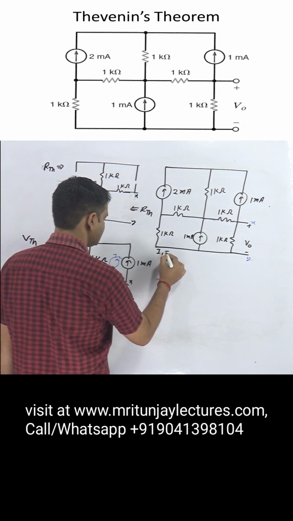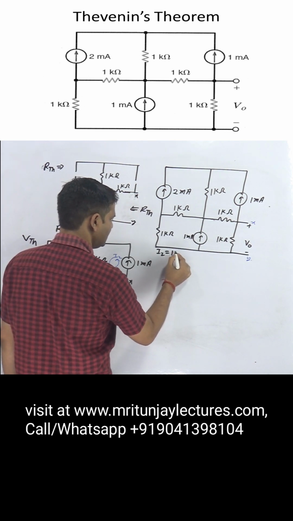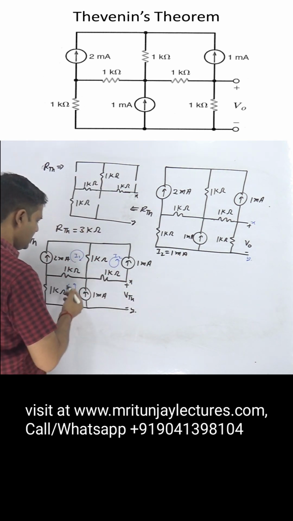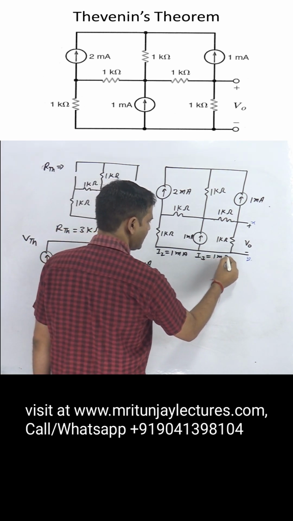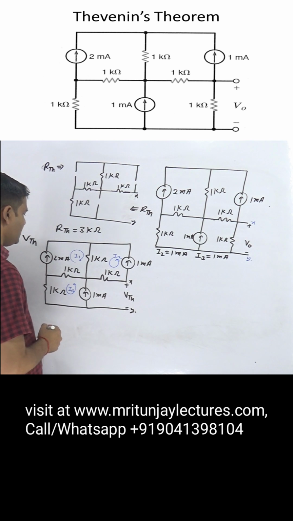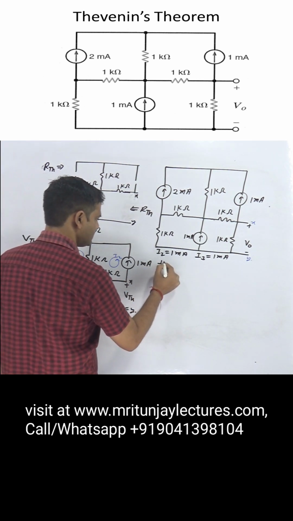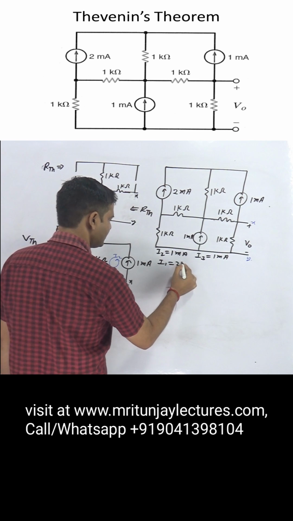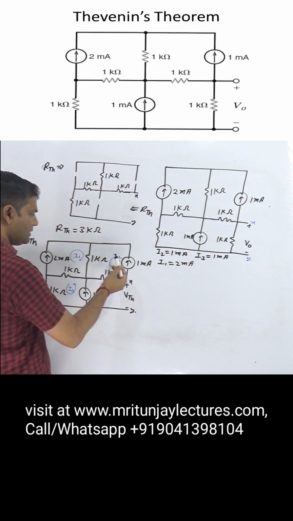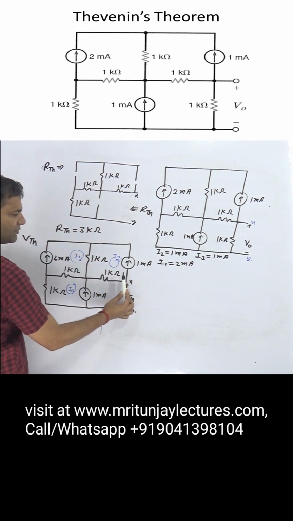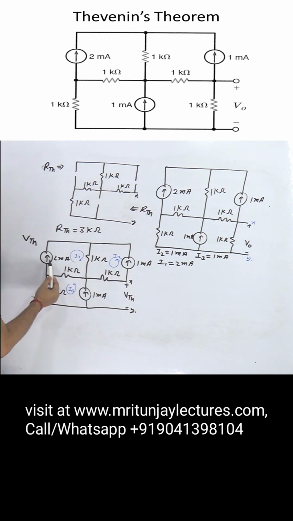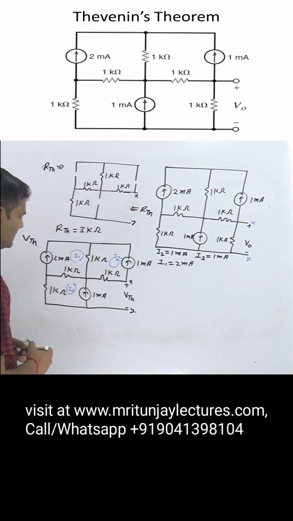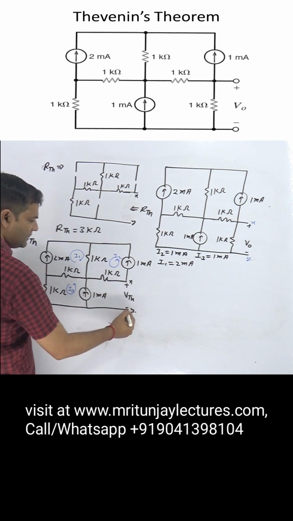I3 is also 1 milliampere, and I1 is 2 milliampere. Clear or not? This loop current follows this branch. I2 equals 1 milliampere, I1 is 2 milliampere, and I3 is 1 milliampere.